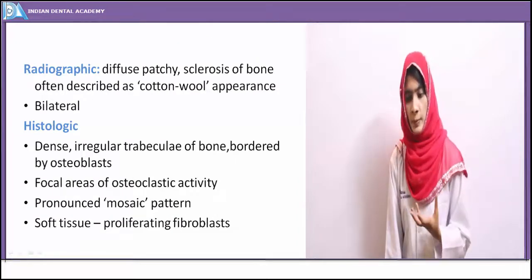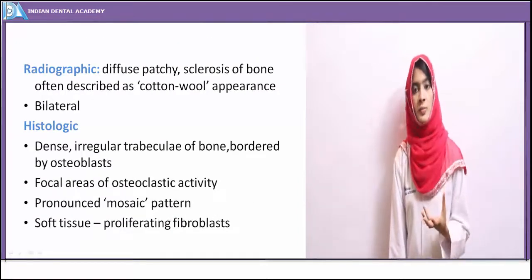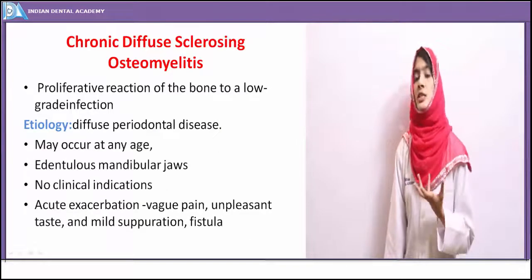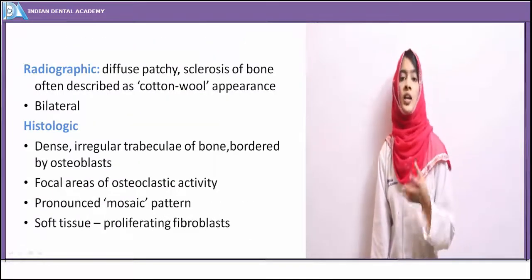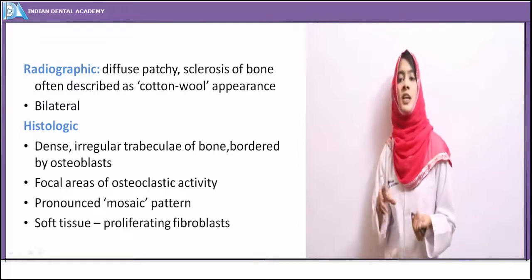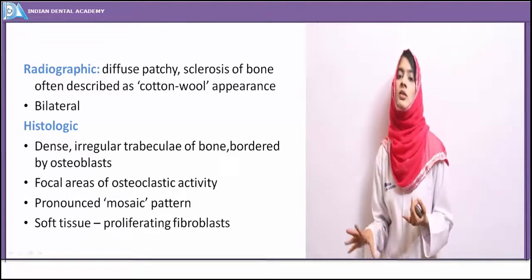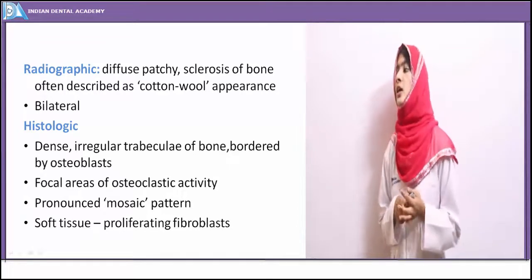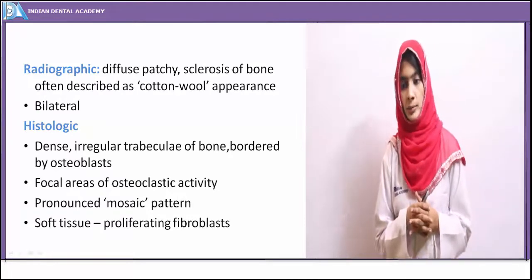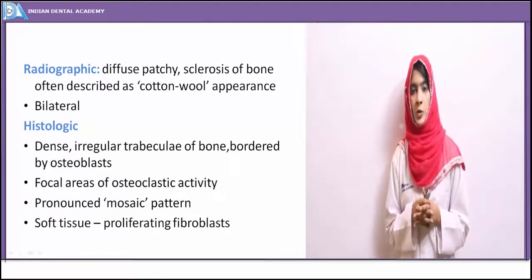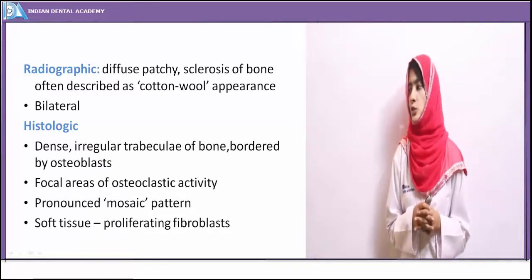When you see the radiographic picture of this chronic diffuse sclerosing osteomyelitis, a characteristic cotton wool appearance may be seen. That is, a diffuse patchy sclerosis of bone is seen radiographically, and whatever radiopaque deposition is seen is bilateral, involving both the roots of teeth.